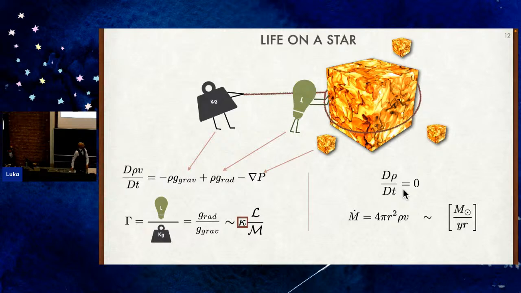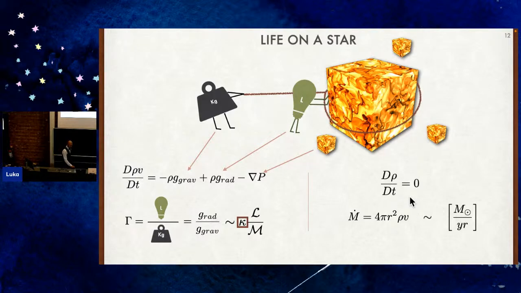Moving forward, it's easier to introduce the so-called mass-loss rate instead of looking at this conservation equation, and the mass-loss rate will describe how much mass flows through a spherical surface around the star with a radius r. Similarly to the mass-loss rate, it is also convenient to introduce the so-called gamma, which will be the ratio of radiation force to gravitational force.